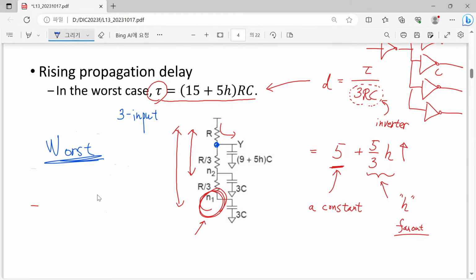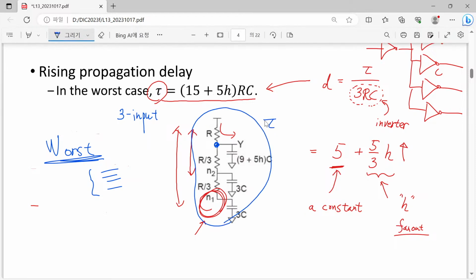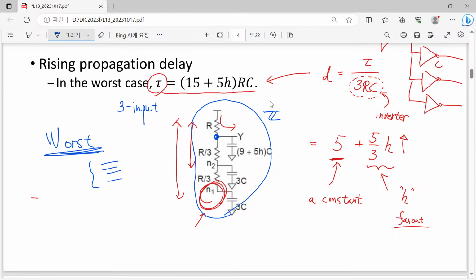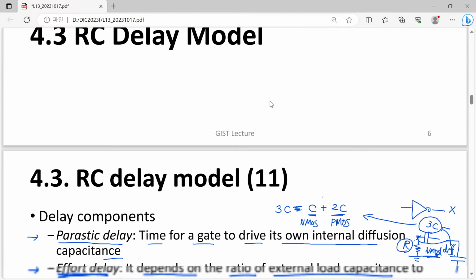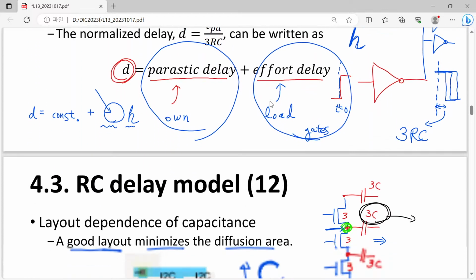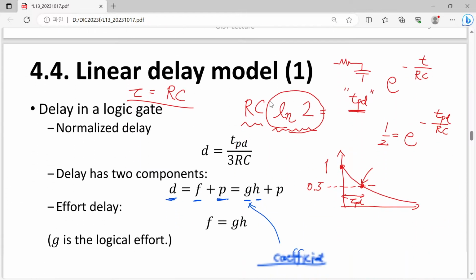When you have the two-input NAND case, you have four different cases, so please consider these four cases. And when you make this RC network, then you can try to find out this tau value. I wanted to ask you, please do your own exercise for estimating this two-input NAND and two-input NOR.